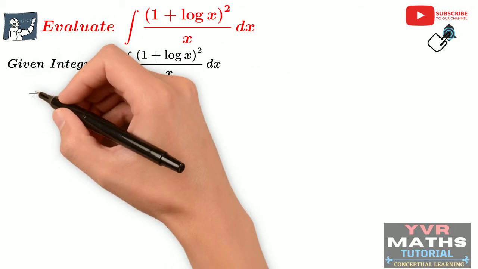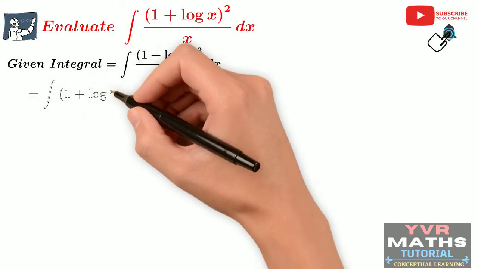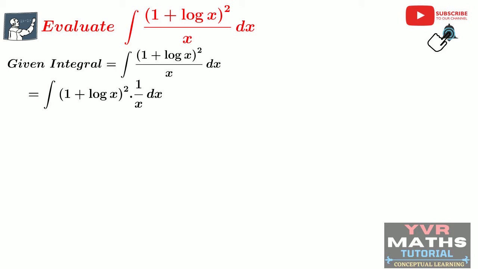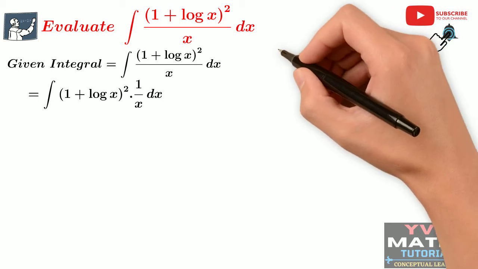Then what will we get in the new step? See here, integral (1 plus log x) whole square into 1 by x dx. Now substitute some part of the integrand as another variable such that its differentiation exists in the integral. If we observe here, the derivative of the function 1 plus log x is 1 by x. That's why I am considering the function 1 plus log x as a new variable.